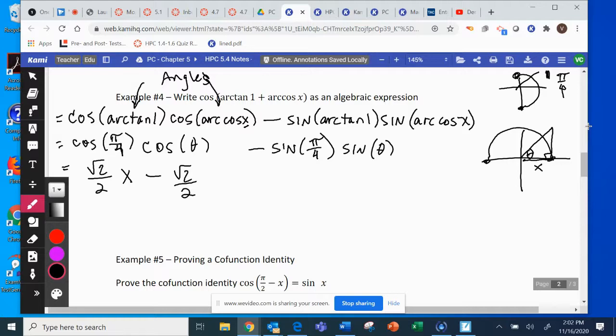So if x is the x side, the radius would have to be 1. Oh, yeah. So we're going to have to use the Pythagorean theorem. We'll have to do x squared plus y squared equals 1 squared. Subtract your x squared, and then square root. So the y is the square root of 1 minus x squared.